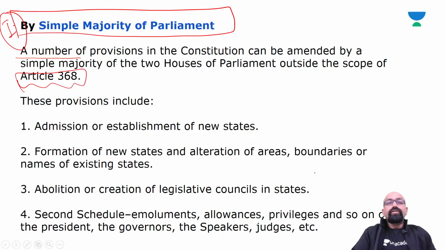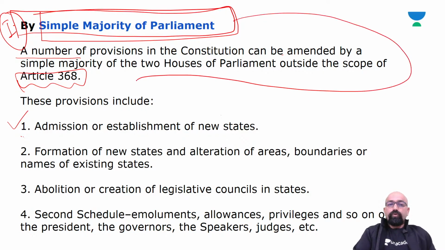These provisions include: in simple majority of Parliament, what is meant by simple majority, and which provisions are included, that is, under this simple majority of Parliament, they can amend provisions including, first, admission or establishment of new states.